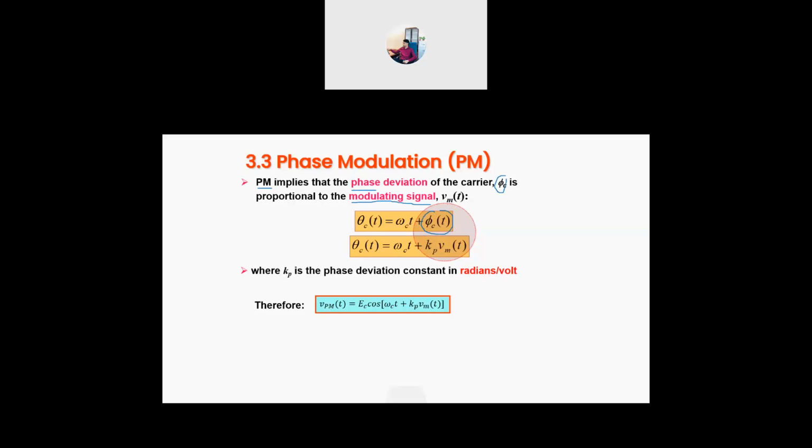Meaning our phi c will change proportionally with your modulating signal VMT. This one is fixed, we don't disturb it.